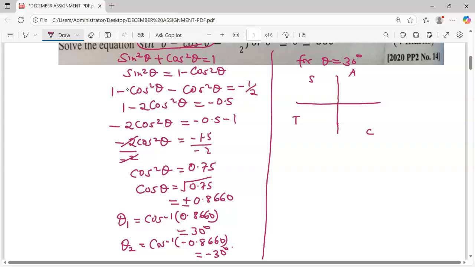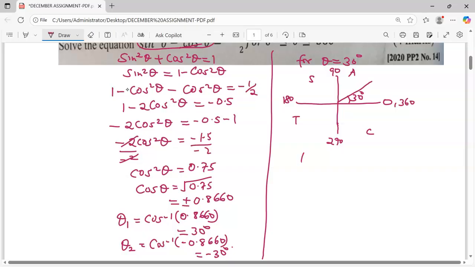We know all angles in the first quadrant are positive, and cos is positive in the first quadrant, and therefore we are going to measure 30 degrees from the horizontal in the anti-clockwise direction. This is 0, this is 90, this is 180, this is 270, and of course 360.